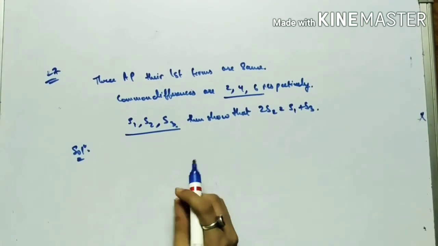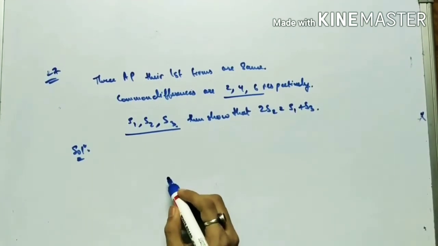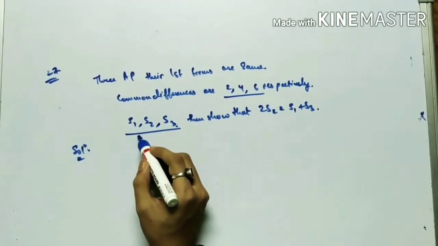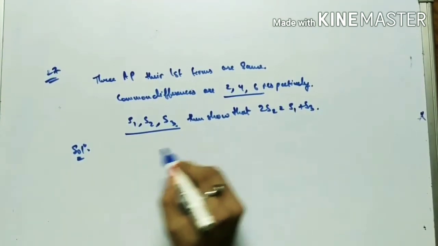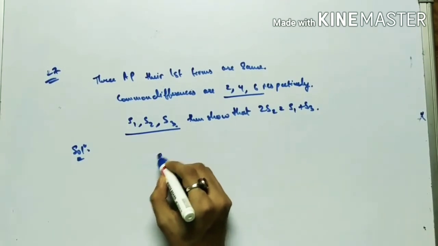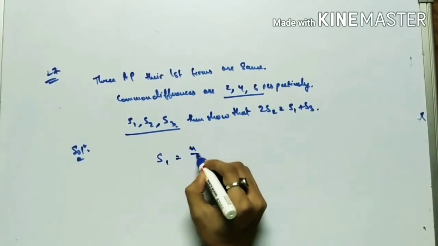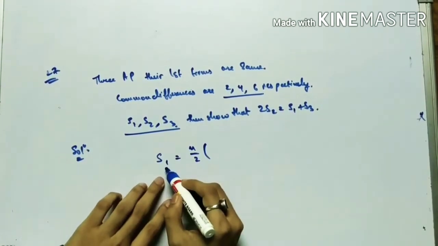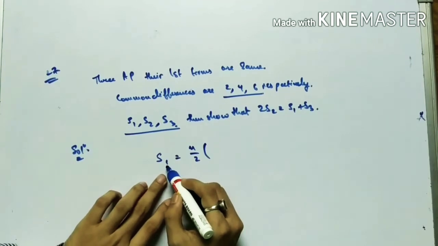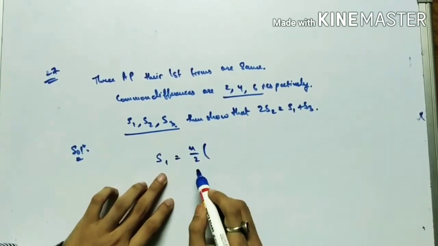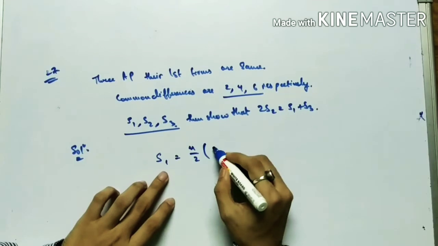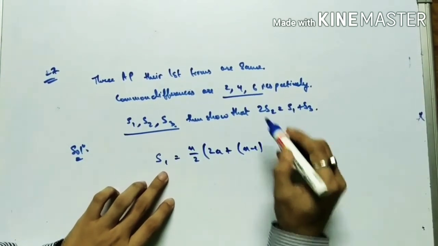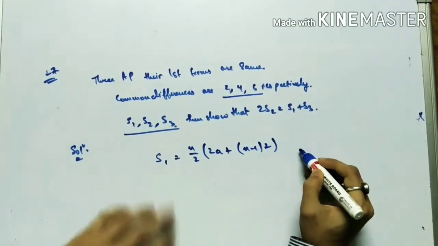So now in here you see, the sums of n terms are S1, S2, S3. So S1 is equal to, I will write, n by 2. This is Sn, I have not written it because the sum of the first n terms is given as S1. S1 is equal to n by 2 into (2a plus (n minus 1) times the first common difference, which is 2).